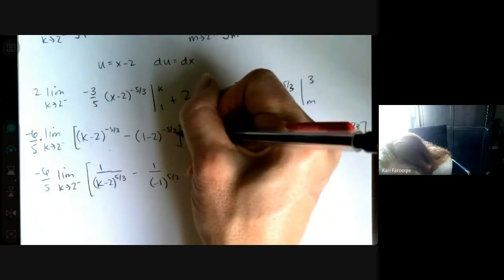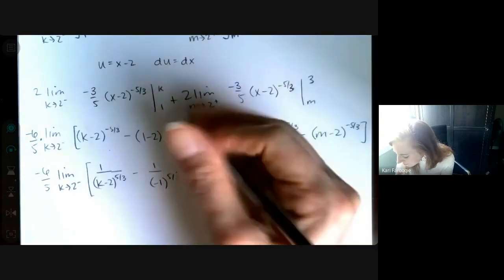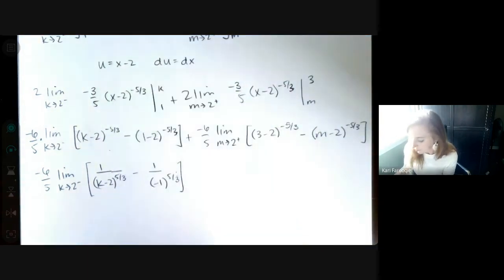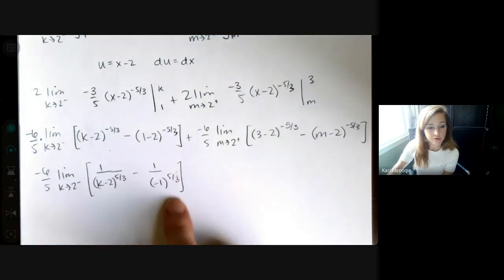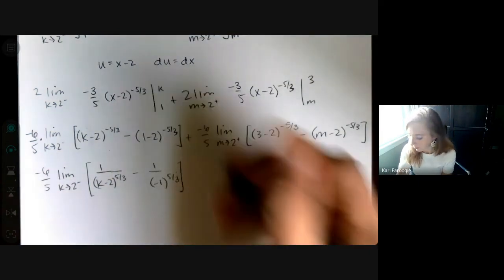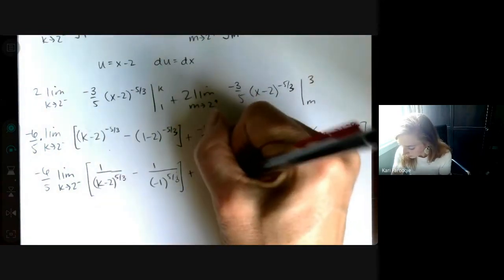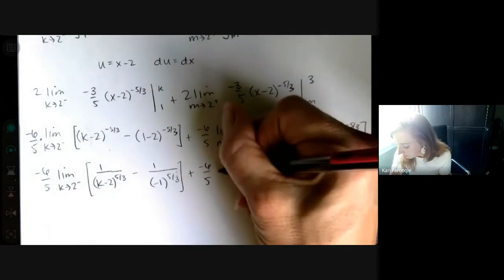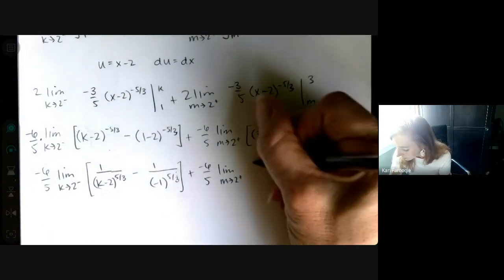How did this become a 5/2? I don't know. I did that twice, apparently. Sorry. So it's going to be negative 1, and then when you move it down into the denominator, it becomes a positive 5/3 power. And again, the way that you write this can really vary. I'm just including extra steps.